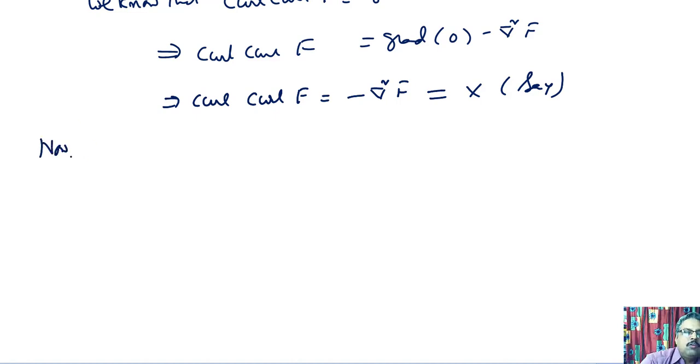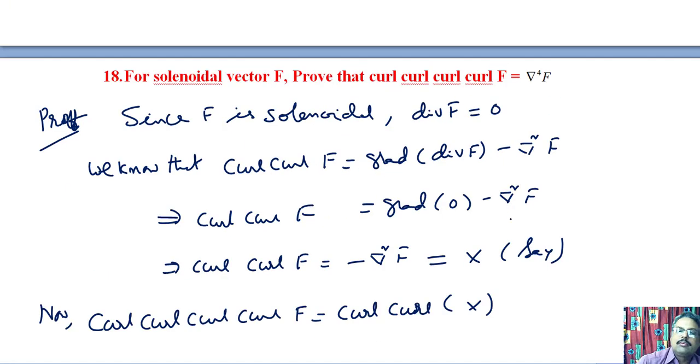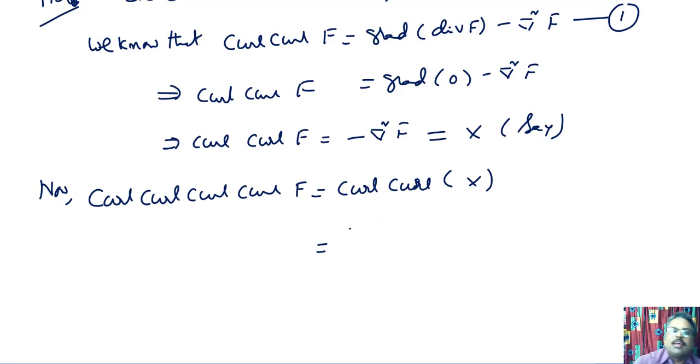Now, curl of curl F equals curl of X, so inside, curl of F equals capital X. Again we are applying this result 1. What do you say? Gradient of divergence of X minus del square X.